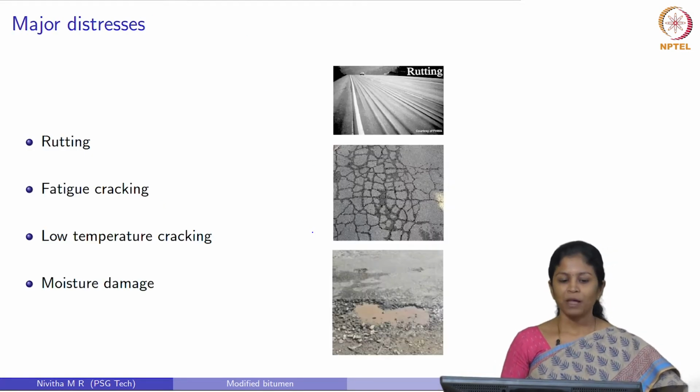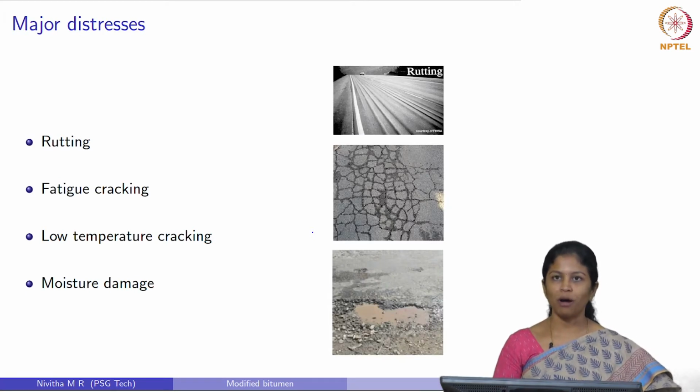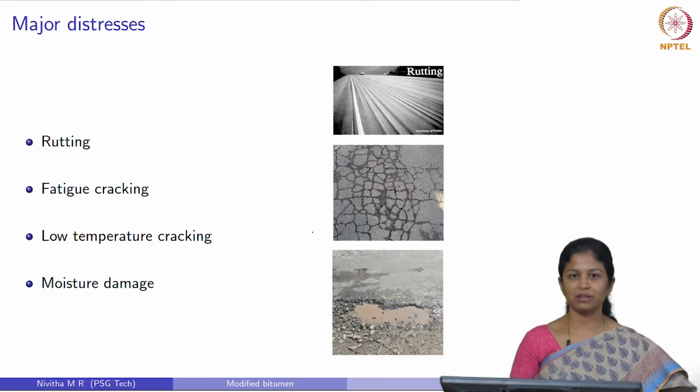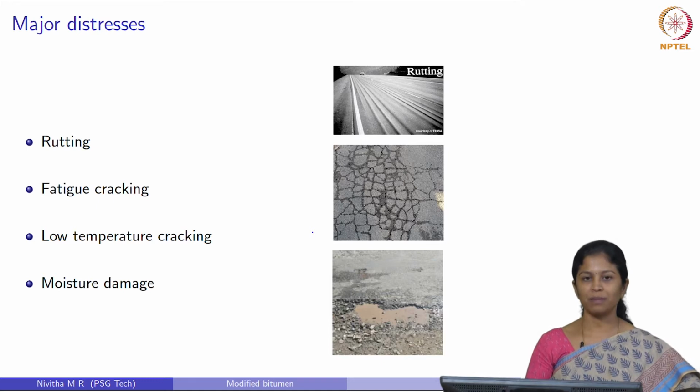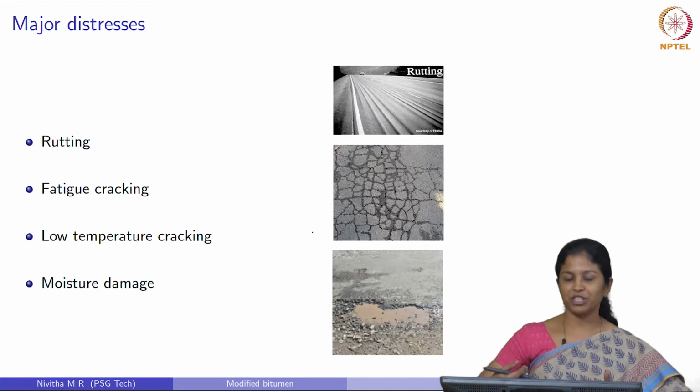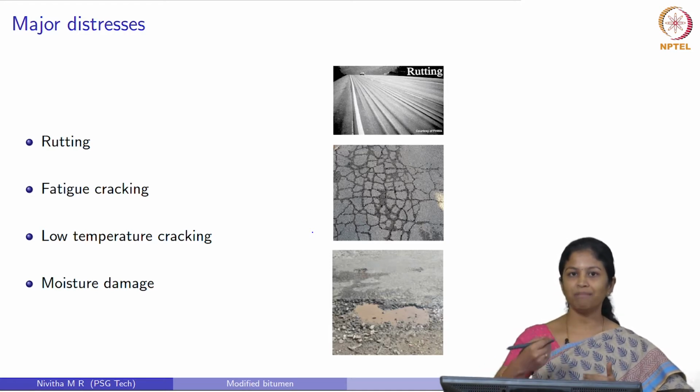To look into that we need to see what the distresses are that commonly occur in a pavement. These are 4 commonly occurring distresses in a pavement. There are many others also, but for this lecture we will confine it to these 4 distresses. The first and foremost among them is rutting. What do we mean by rutting? Rutting is the longitudinal depression that is seen along the wheel path of a vehicle.